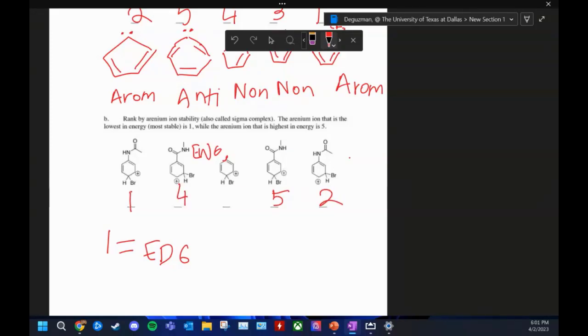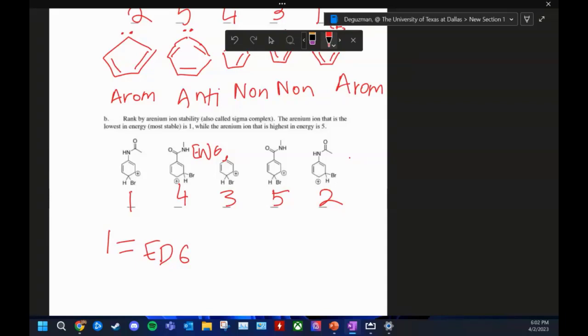Perfect. So we're going to have this as 4 and 3. And I believe that is our ranking. Everyone good with that? Makes sense? How's the first one compared to the second one? Oh, so 1 versus 2.